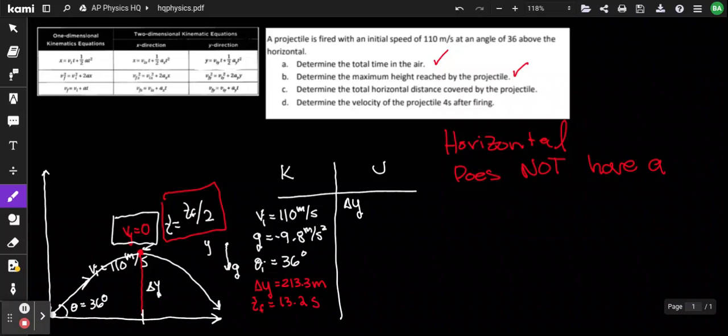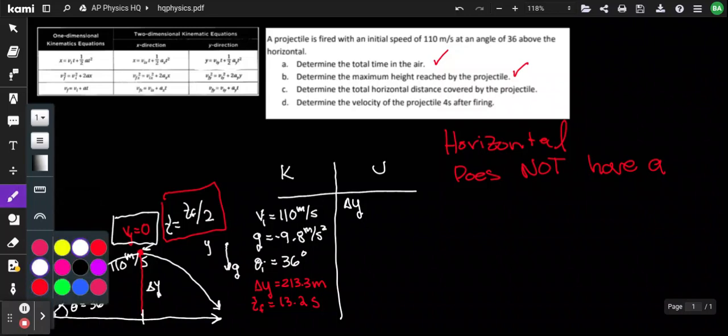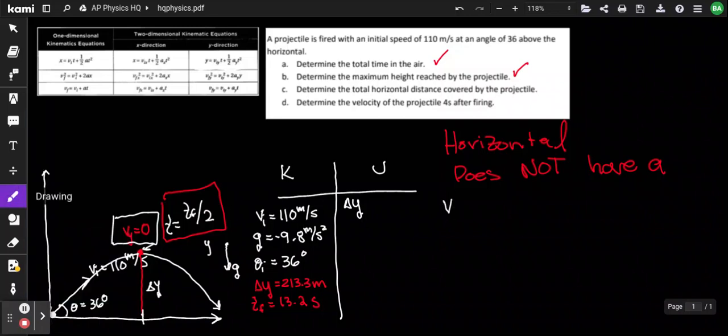So, since we have time and we have our initial velocity and the angle, we can find our initial x component of velocity, which is going to be cosine of 36 times 110, which plugging into the calculator is 88.99 meters per second.